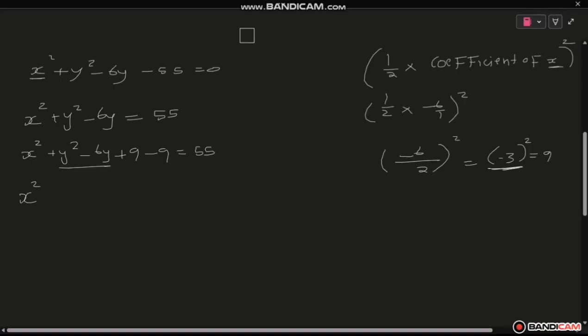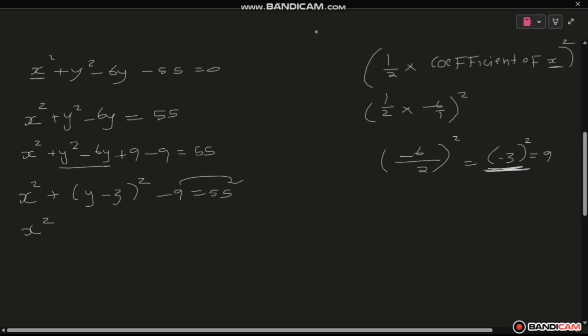So plus y, then whatever you have before the answer, that negative 3 squared, minus 9 equals 55. So that's very, very important, guys. You need that step before the answer.